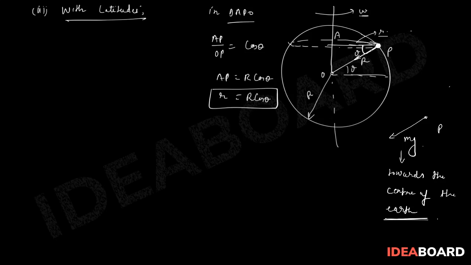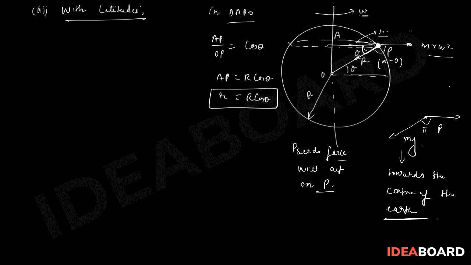So if we see in the reference frame of the Earth, a pseudo force will act on P. That means there will be a pseudo force in the opposite direction. So if you stop the Earth, you have to provide a centrifugal force which is m r omega square. You know that, right? So now this angle is theta, so this angle will be pi minus theta.